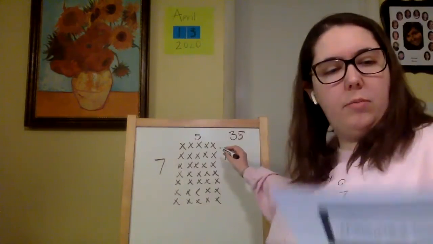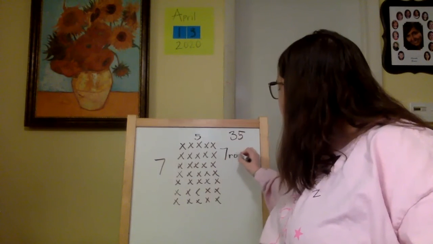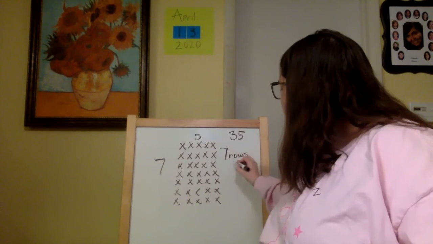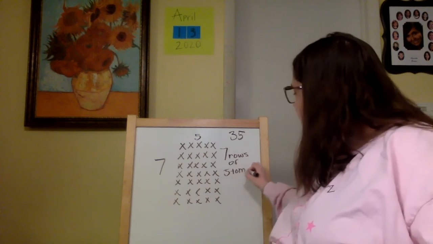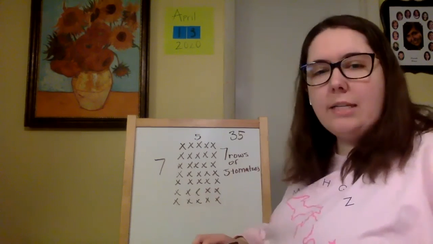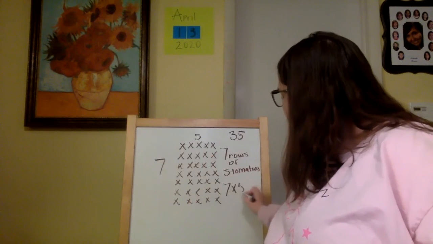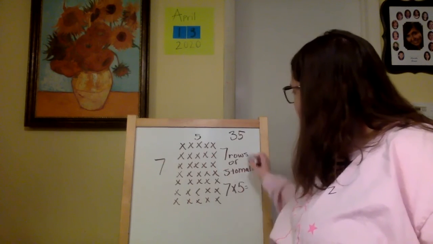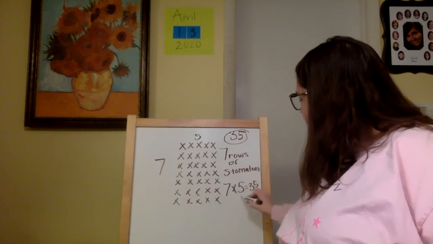What did they use in the problem? 7 rows of 5 tomatoes. So that tells me it is 7 times 5 is, going back up to this, 35 tomatoes.